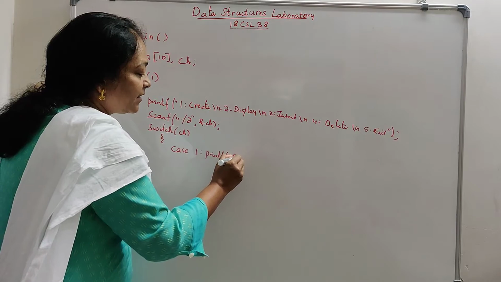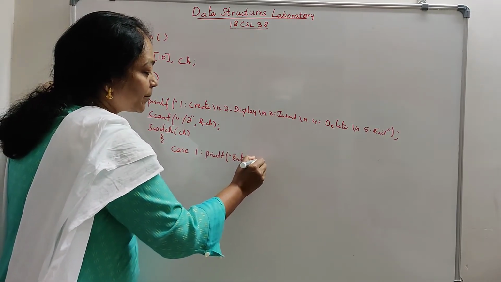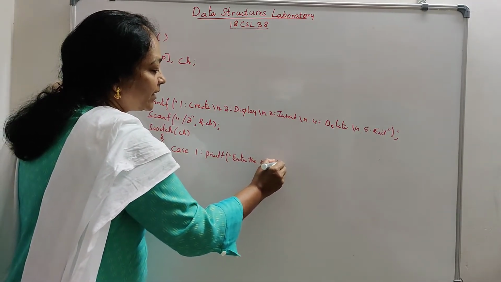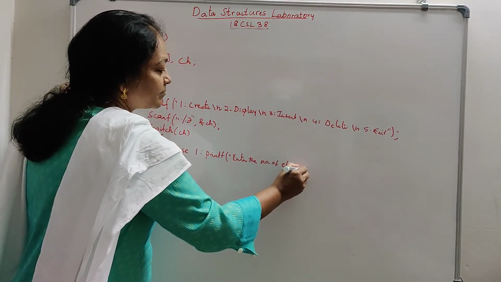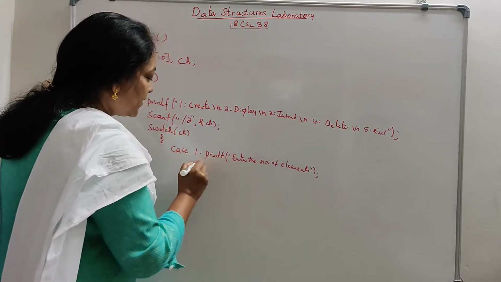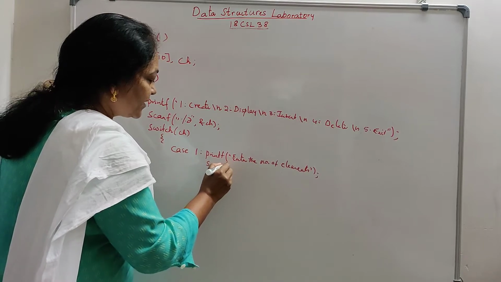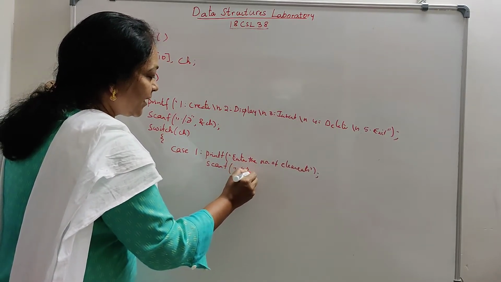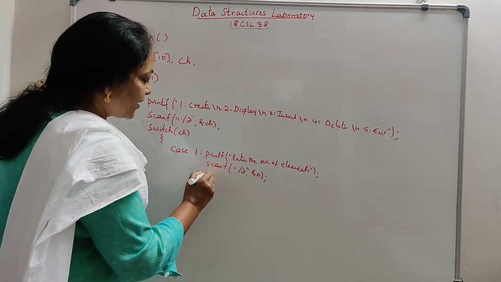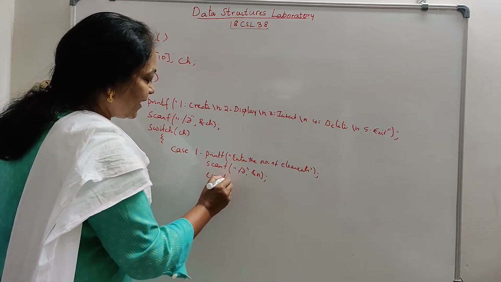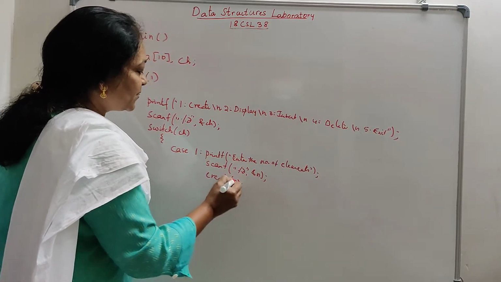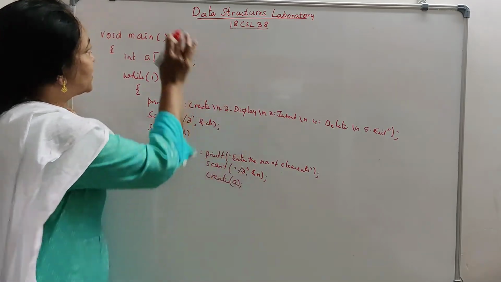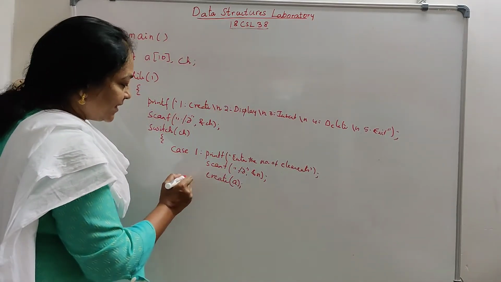Printf, enter the number of elements in the array. Okay, so now read the element. Scanf %d &n. Okay, after that you can call that create function, and you are just sending the base address of this array, because n is a global variable, there is no need to send it.